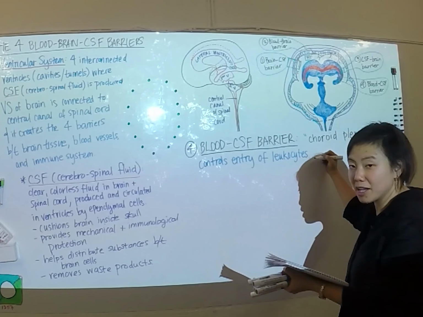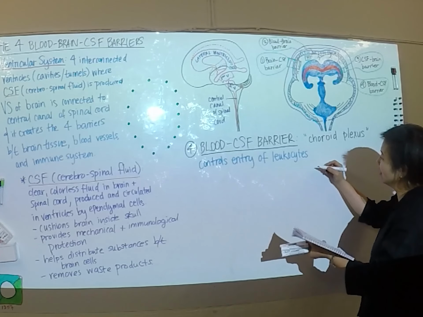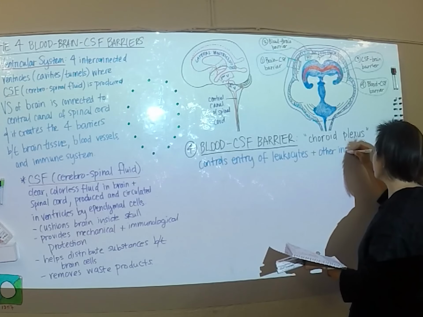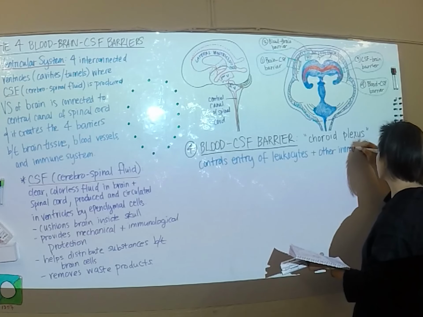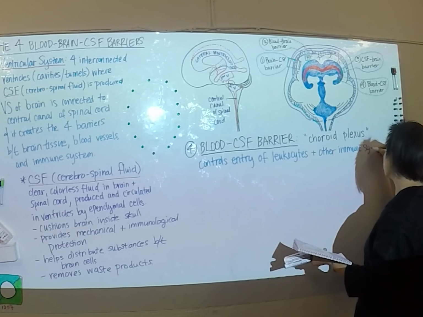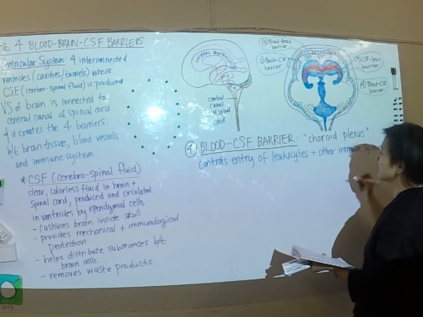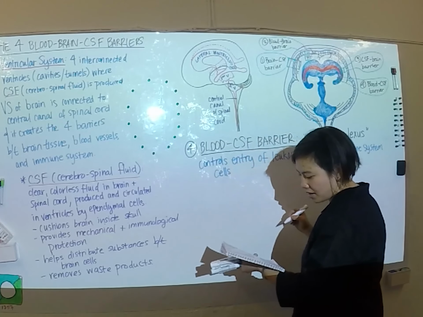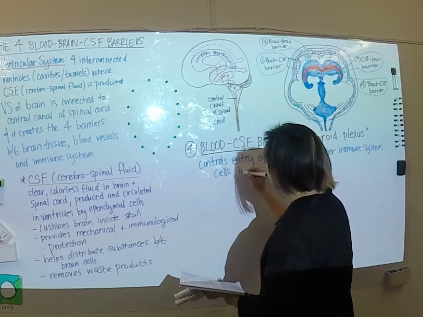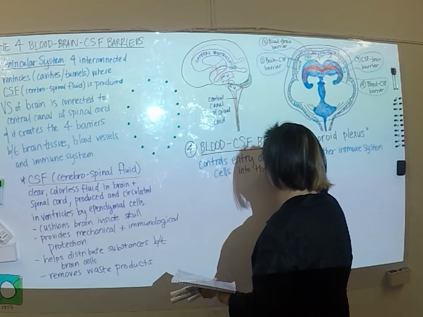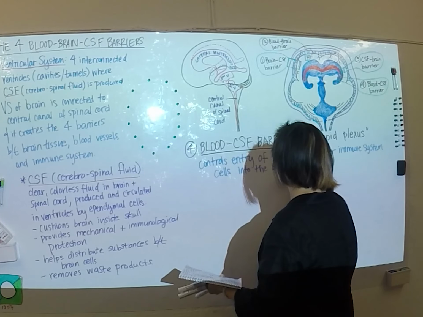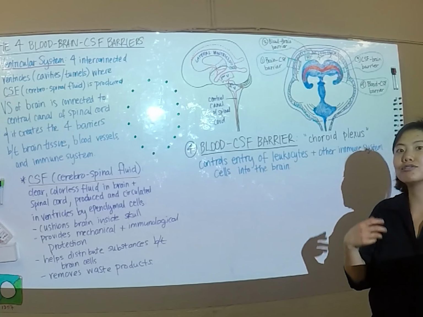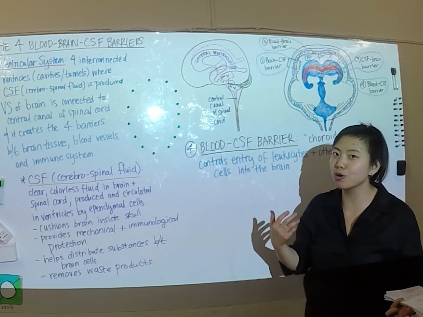Okay, that is a type of immune system cell, and other immune system cells into the brain. Okay, so this barrier works very closely with the microglia.